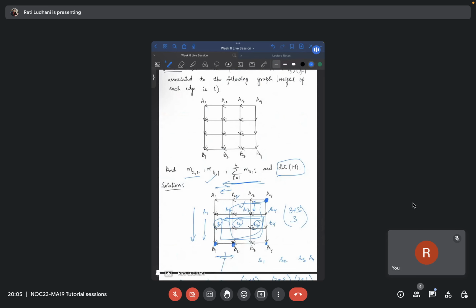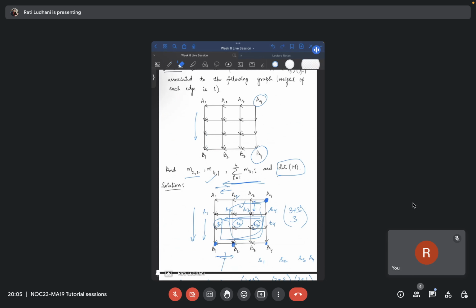I think you will have only one, because the interesting one is A4 to B4. Actually, this is only one. You cannot go to the right, so you cannot come like this. So there is only one possibility.